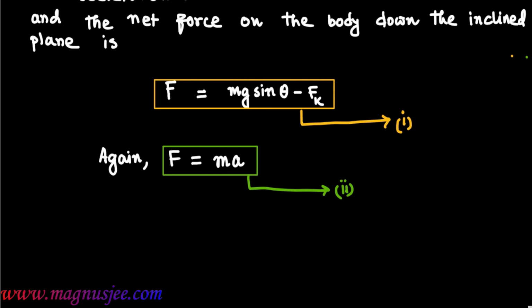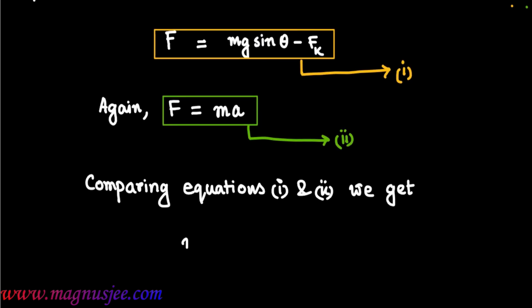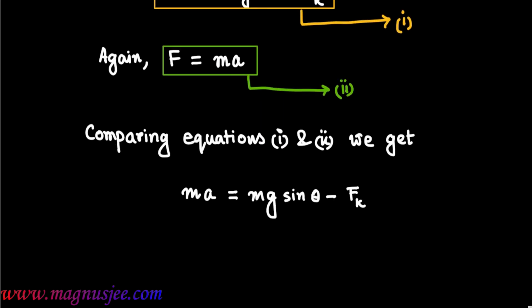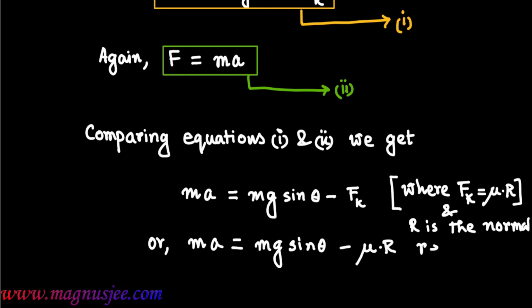Comparing equations 1 and 2, we get ma equal to mg sin theta minus Fk, or ma equal to mg sin theta minus mu into R, where mu is the coefficient of kinetic friction, Fk equal to mu into R, and R is the normal reaction on the body applied by the inclined plane.